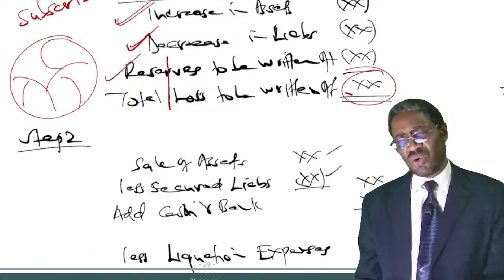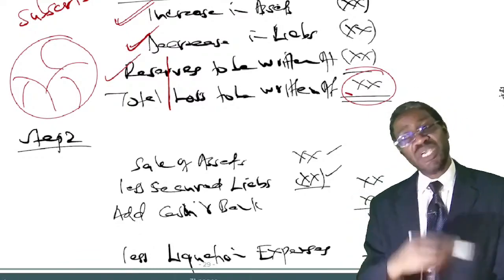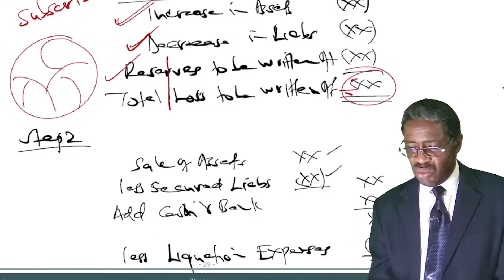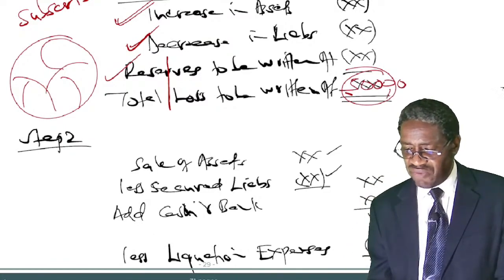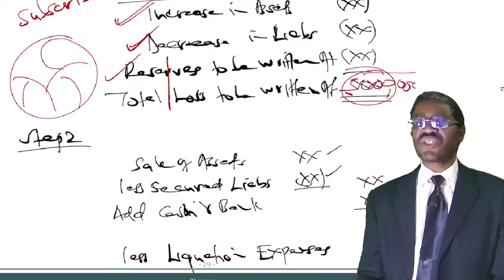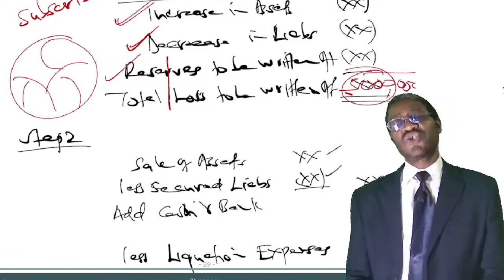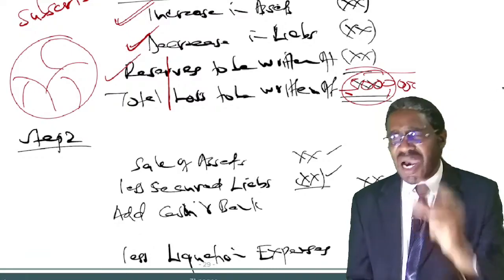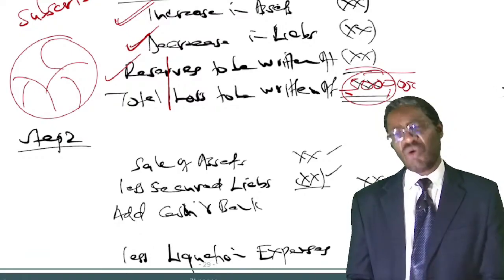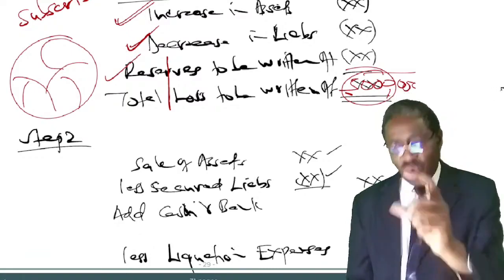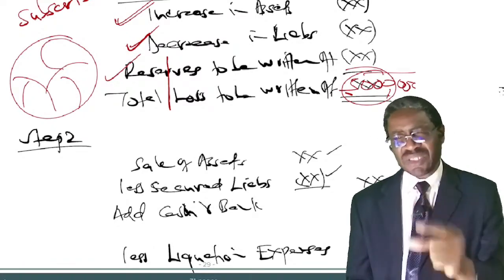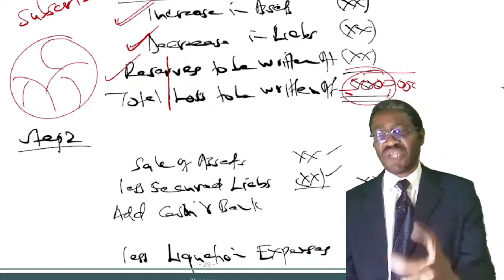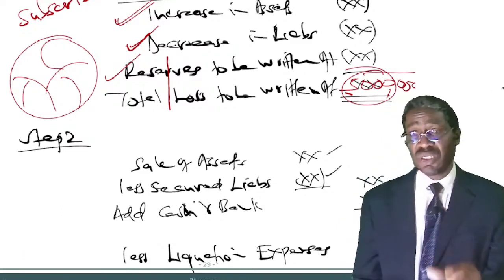Whatever loss you have got, I do remember in our previous illustration, we were assuming something like 5 million. Assuming you got a total loss of 5 million to be written off, we were asking ourselves, who among the stakeholders of the company should be requested to suffer this loss?